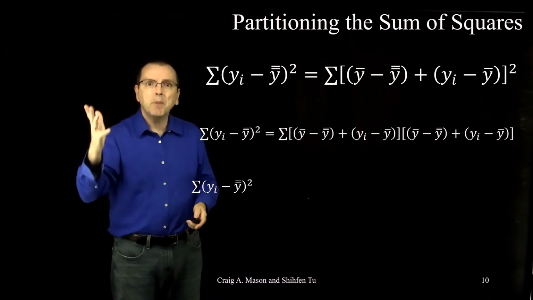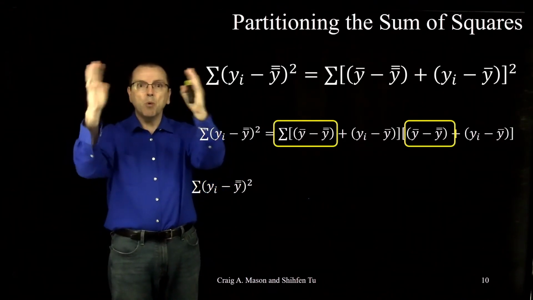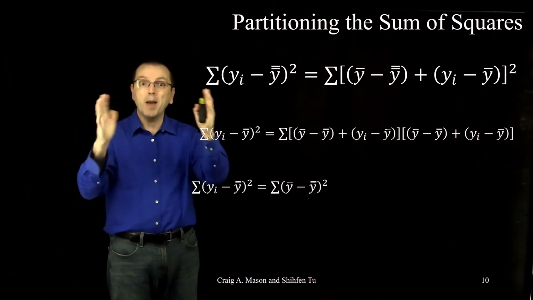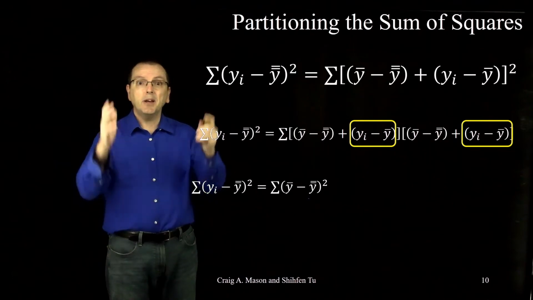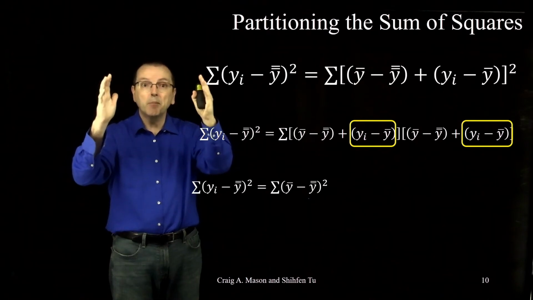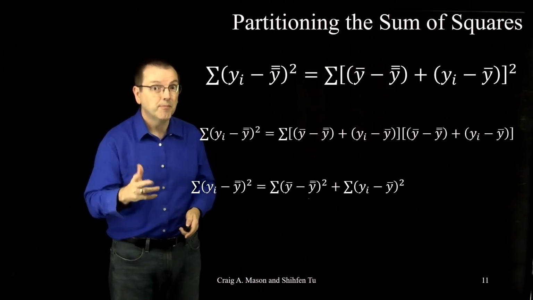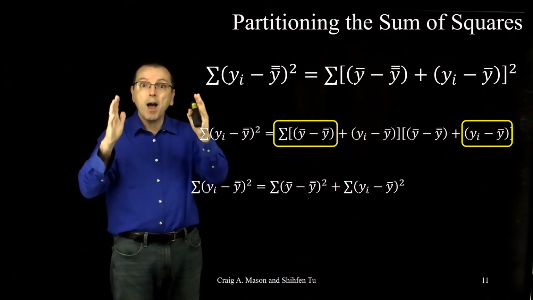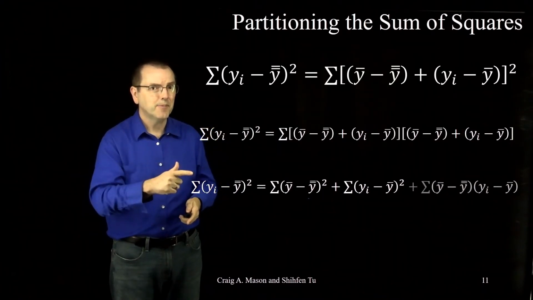And if you think back to multiplying binomials, this will be equal to the sum of y bar minus y double bar times y bar minus y double bar, or the sum of y bar minus y double bar squared, plus the sum of y sub i minus y bar times y sub i minus y bar, or the sum of y sub i minus y bar squared, plus the sum of y bar minus y double bar times y sub i minus y bar, all right?